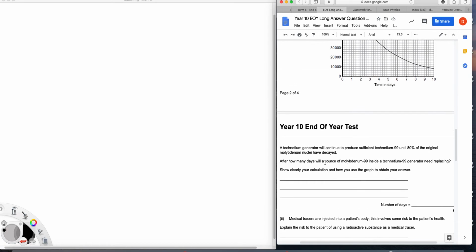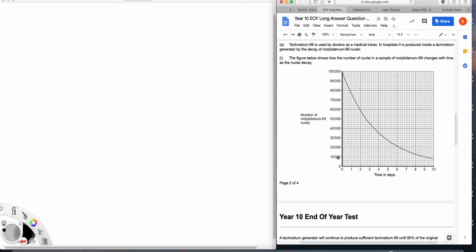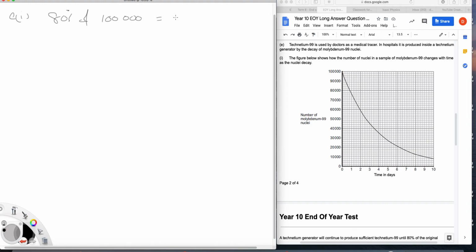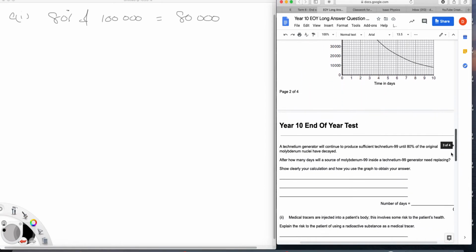We're looking at 80%. So I would say 80%, of what have we got there? 100,000. Would be 80,000. So if we come across to 80,000, let me just take a look here.